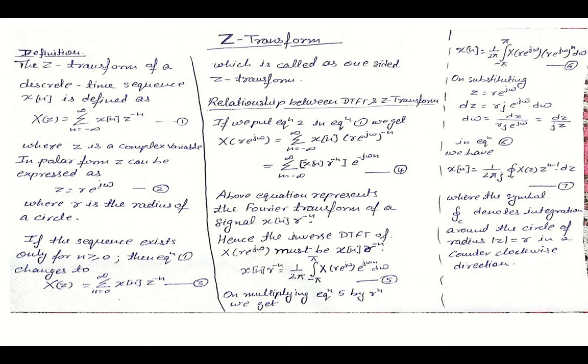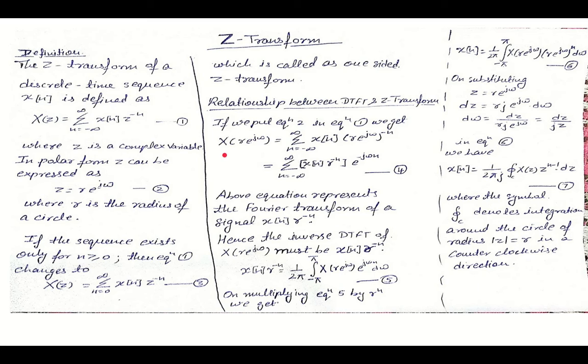Now we know that we have another transform also available, that is the discrete time Fourier transform, which plays the same role as Z transform does. Both of them are similar, and we can see this if we put z equal to r e to the power j omega in equation number 1.